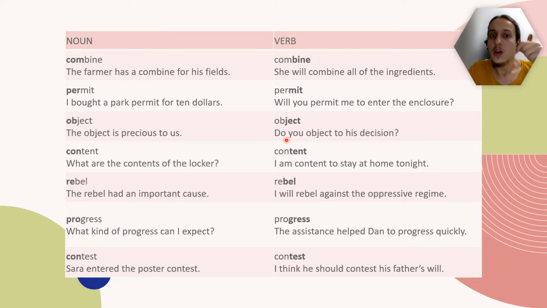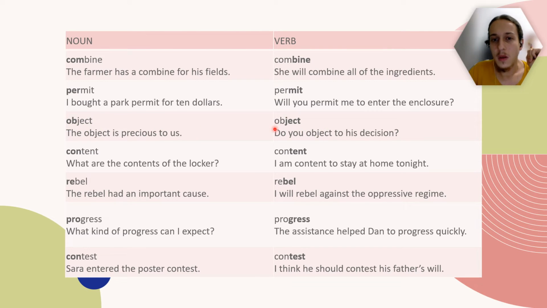Object. Do you object to his decision? Do you argue against that decision? You do not agree with that decision? Sorry.